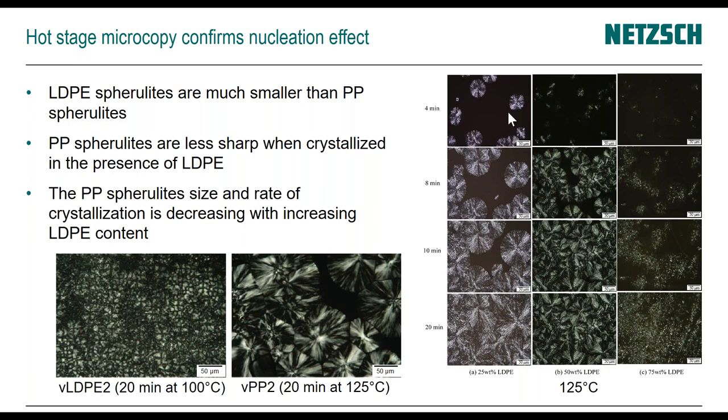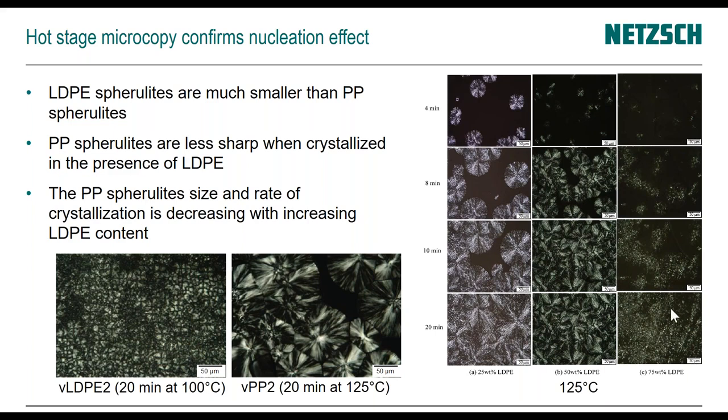And then on the right, you see crystallization images, all taken at 125 degrees C in time intervals of 4, 8, 10, and 20 minutes, and different compositions. And here I really want to point out the right column. You see when we have the conditions to crystallize the polypropylene, by having 75% of LDPE in the mixture, the crystallization of polypropylene is highly affected.